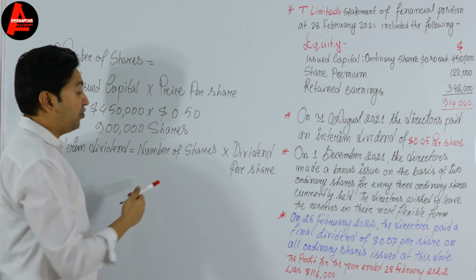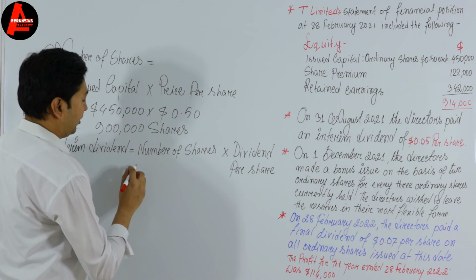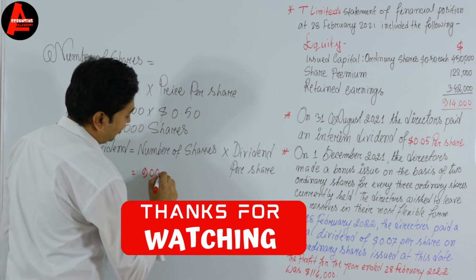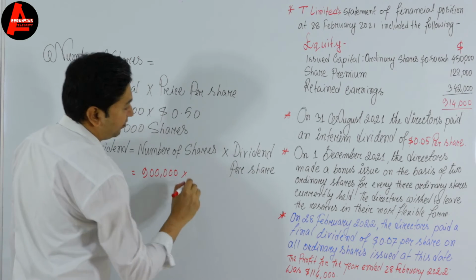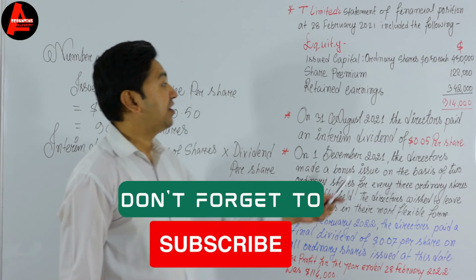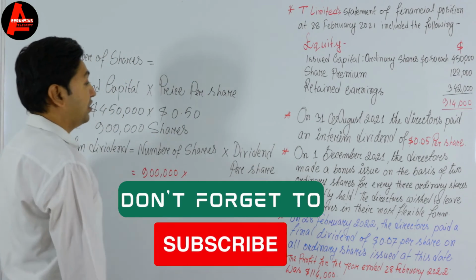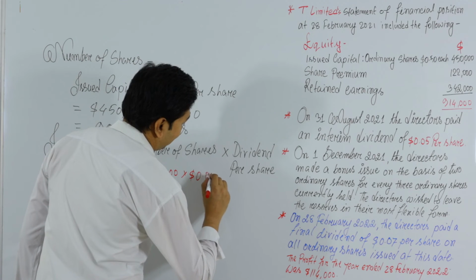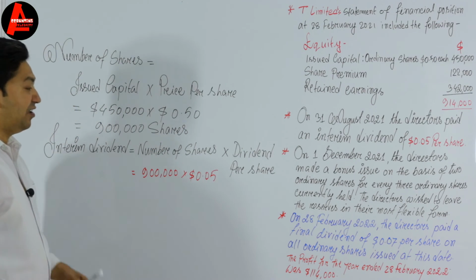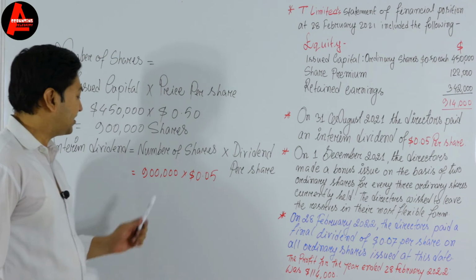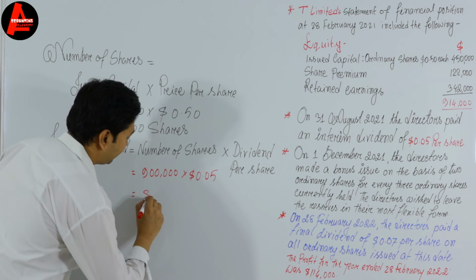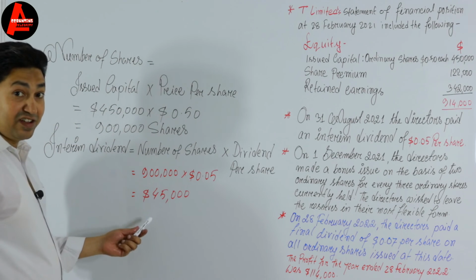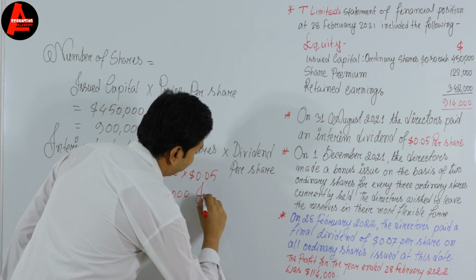We calculated the number of shares, 900,000 shares, so let us write 900,000 multiplied by dividend per share, $0.05. So we write 0.05. Now if we multiply this by this, we get $45,000. So this is our interim dividend.